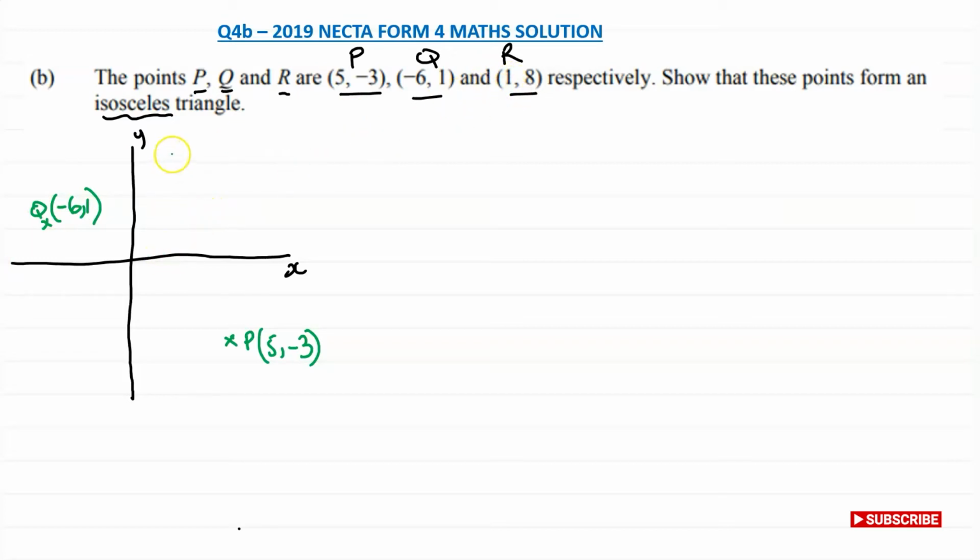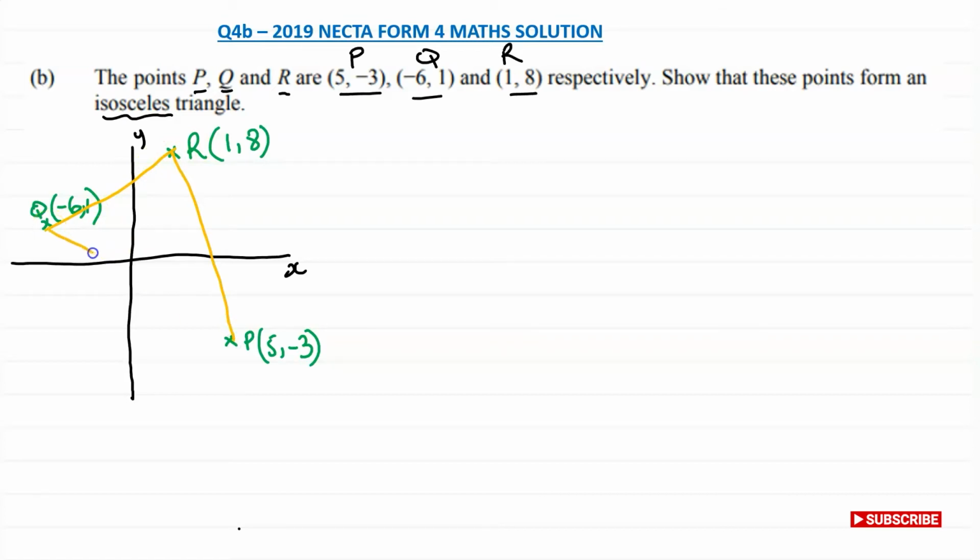So let's say (1, 8) is over here somewhere, and that point is point R. Right, so now we have 3 points. Let's join them up.